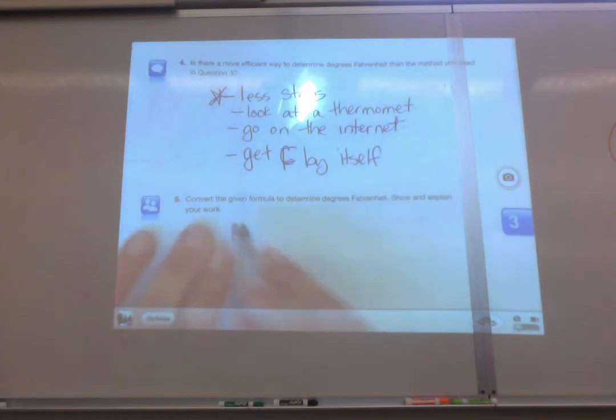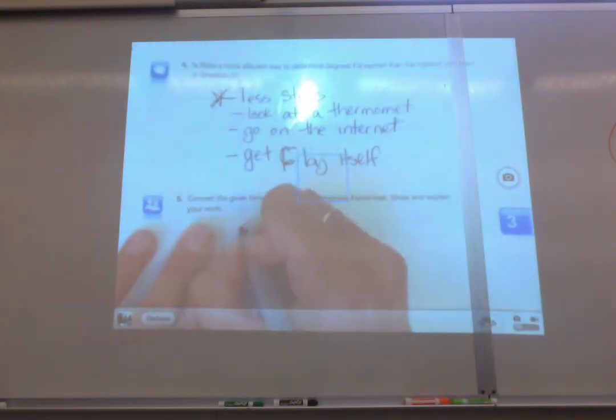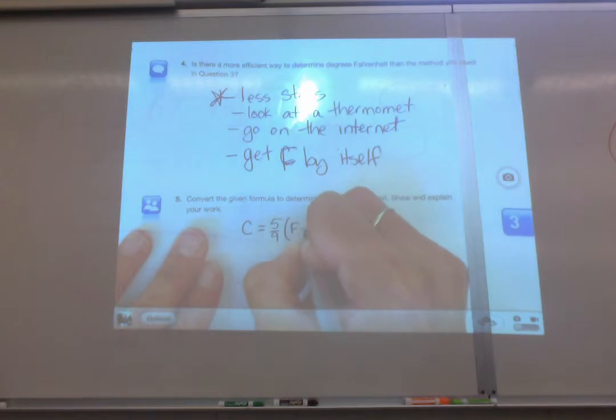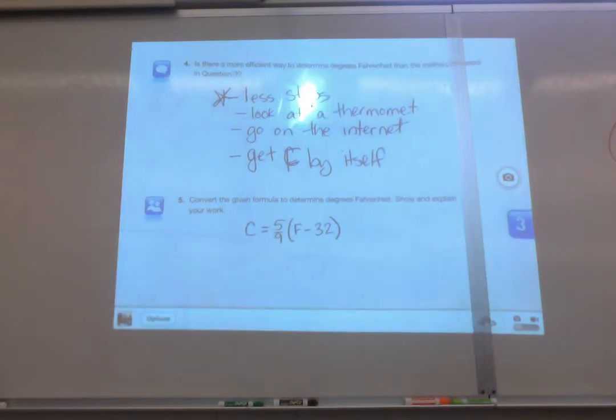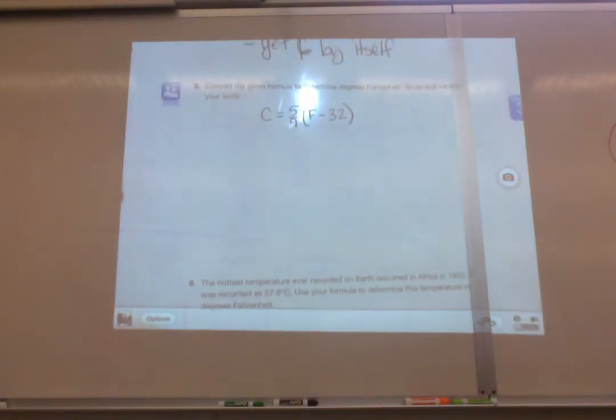Okay? Convert the given formula to degrees Fahrenheit. Show our work. We're going to start with C equals. We can rearrange this pretty much the same way that we solved for f the last time.